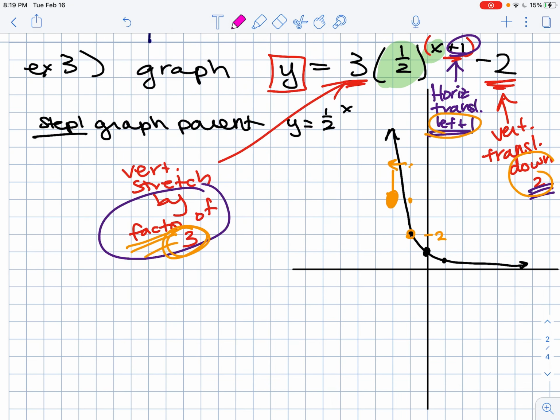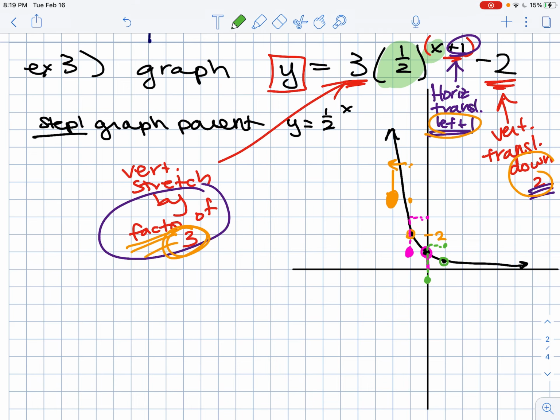Here's the next one. Here's my next point. I'm going to stretch it by a factor of 3. So right now the height is 1, so I'm going to stretch it to a height of 3, and then go left 1, down 2. That's what it looks like. And then lastly, here's this right here at 1/2. We're going to multiply it by a factor of 3. So 1/2 times 3 is 3/2, which is 1 1/2. To the left 1, and we're going to go down 2.